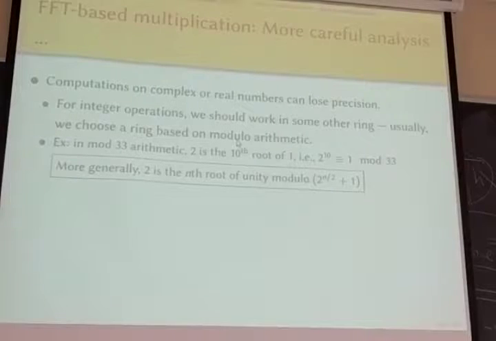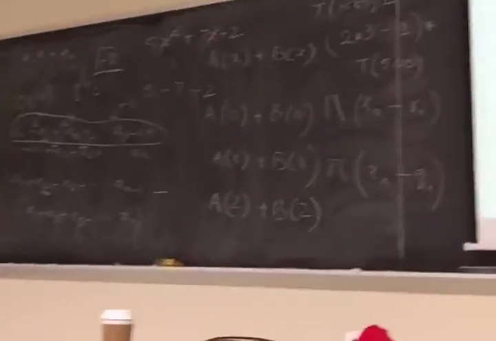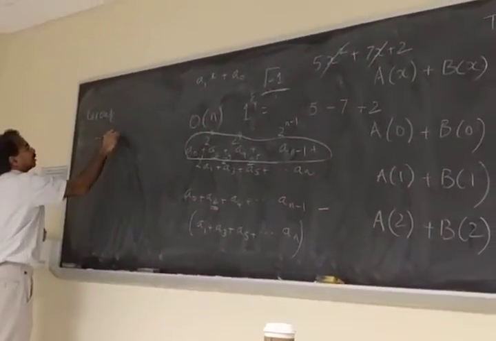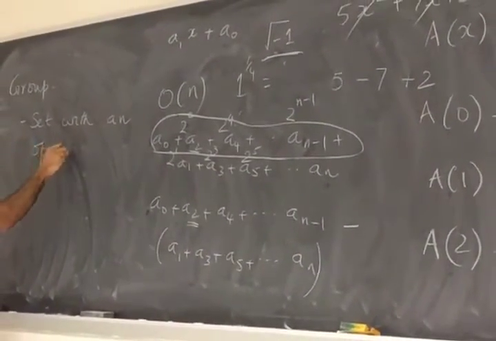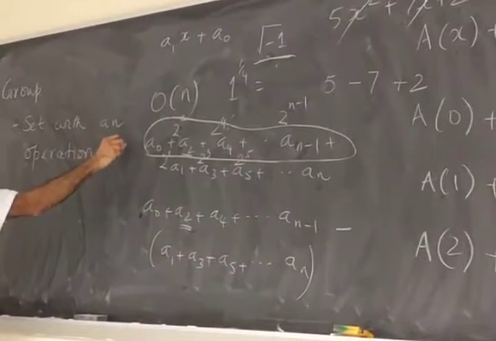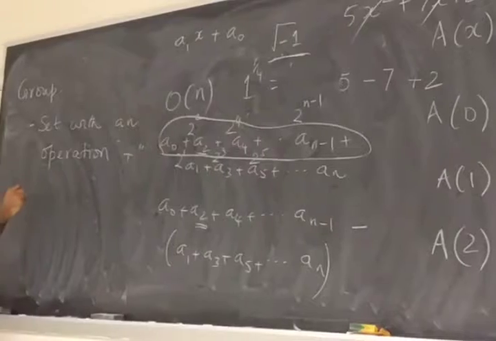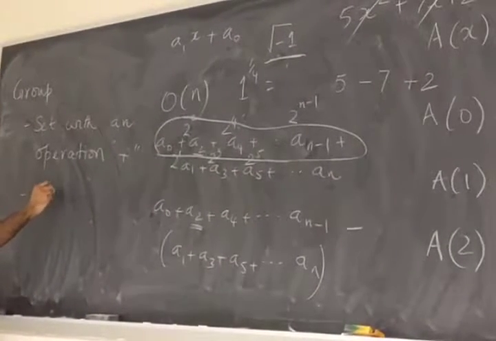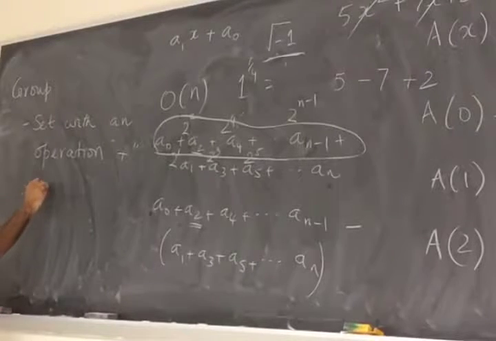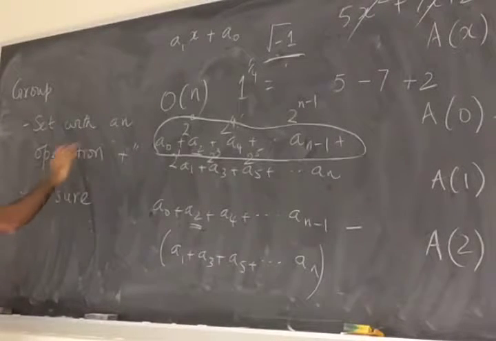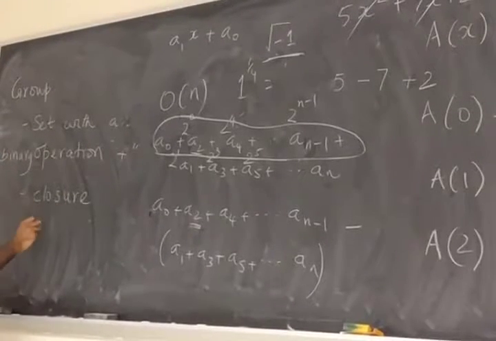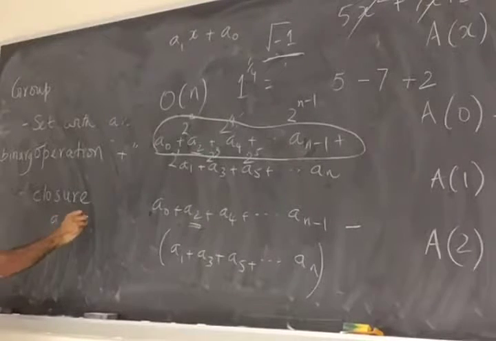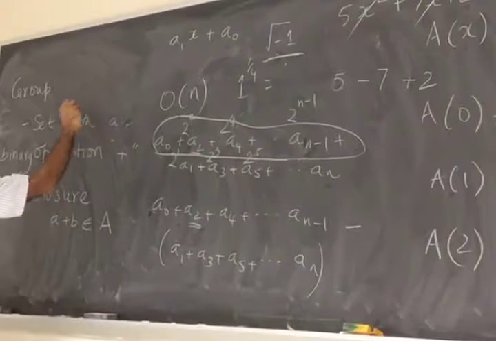So what is a group? A group is a set with an operation, we'll call it plus, with a few properties. It is a binary operation with closure, which means that A plus B is an element of the set.